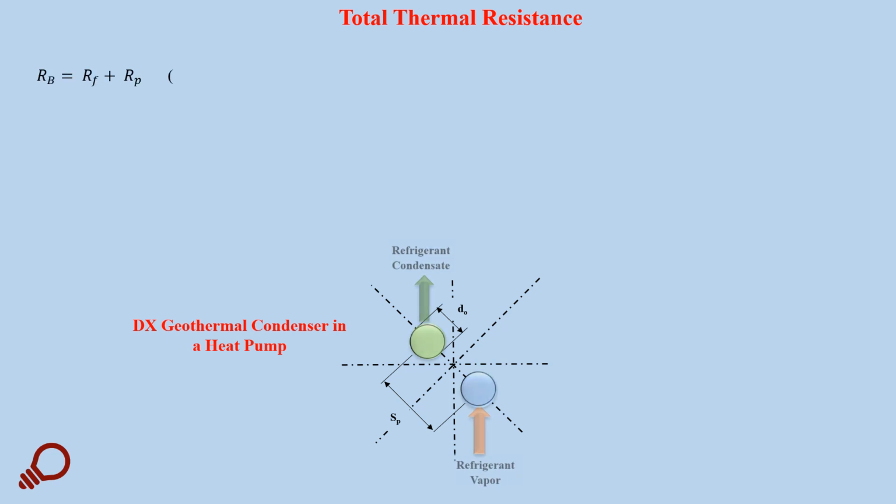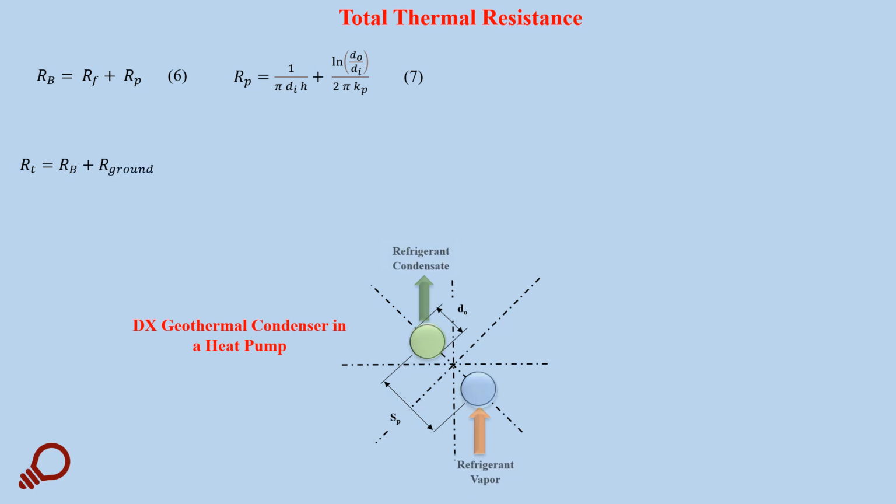And R sub B equal to summation of R sub F plus R sub P, and we have defined R sub P as the total specific thermal resistance of the pipe, which is composed of two components, the convection part, and the second part represented by the conduction part as shown in equation number 7.